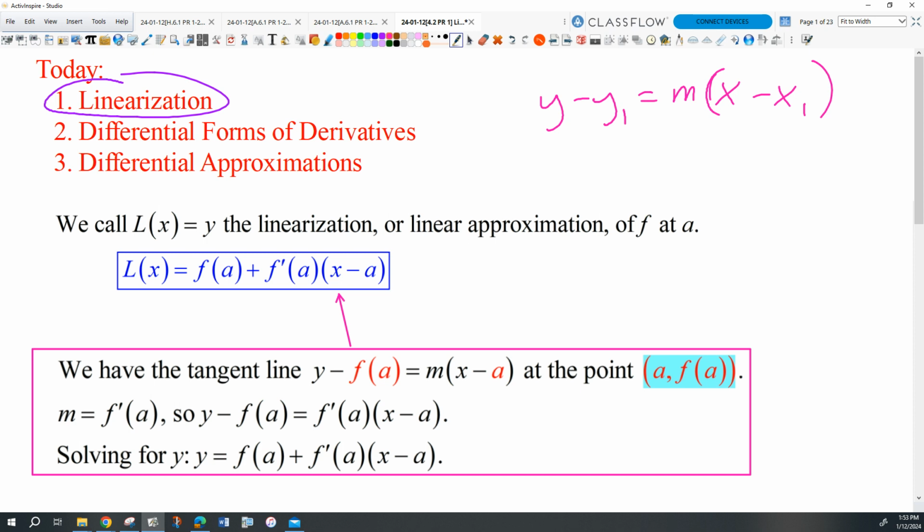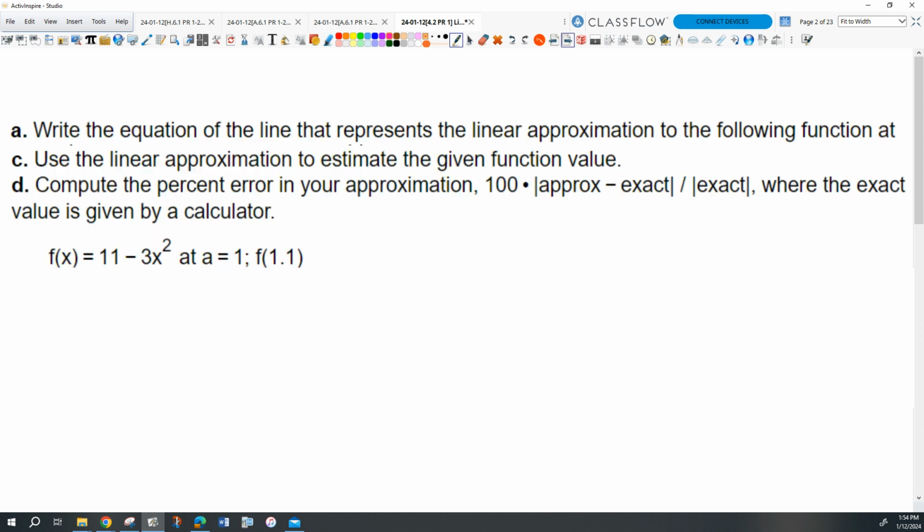The only difference here is that this is going to be our m, this is our x1, this is our y1, and that's y. Look what we did right here. And then we just solve for y. That's it.